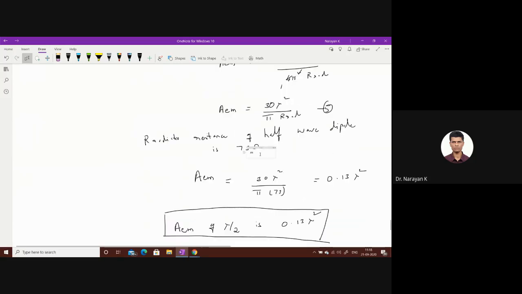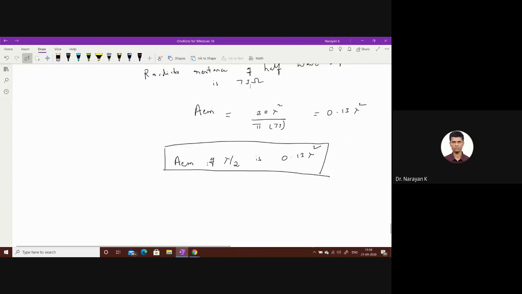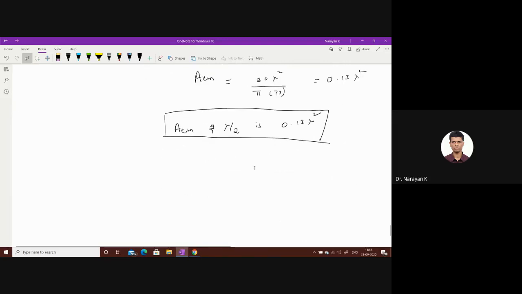Then I substitute the radiation resistance of a lambda by 2 dipole as 73 ohms, and I get the maximum effective aperture of a lambda by 2 dipole as 0.13 lambda square.